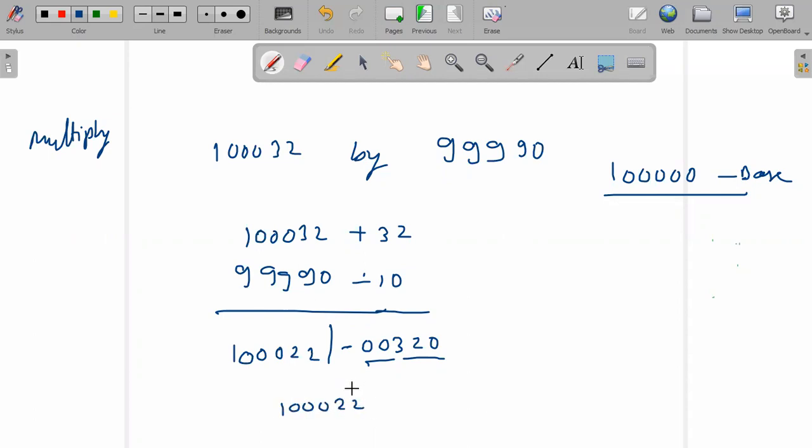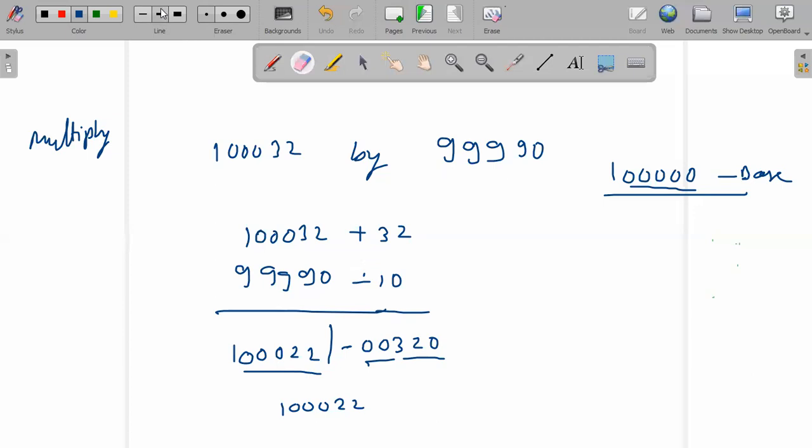Multiplication of this number with the base. See, don't forget the steps. We have to multiply this LHS with the base. How many zeros are there in the base? 5 zeros. So write down 5 zeros there.